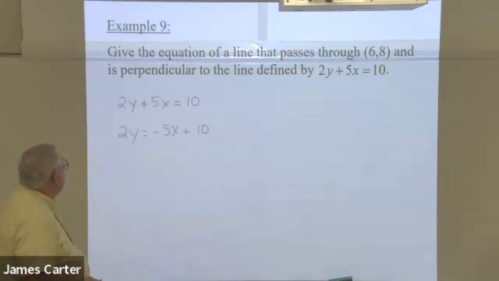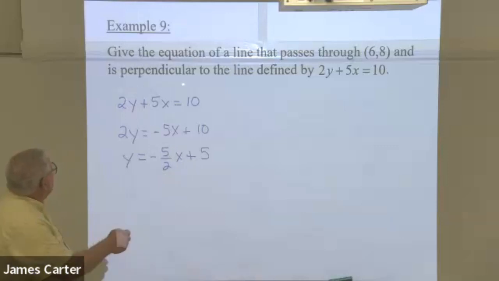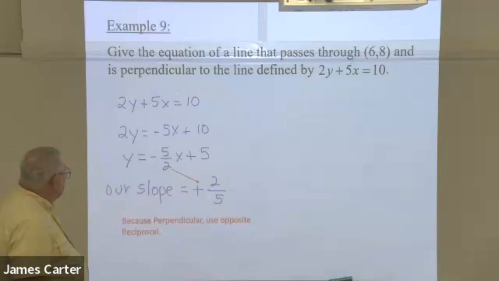So here we go. First thing we do, y = mx + b. The slope of this equation is -5/2. We want the perpendicular slope, so it becomes +2/5. So we've now covered my first two steps I listed.